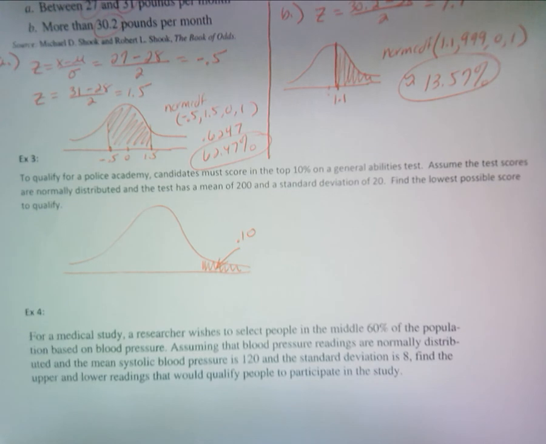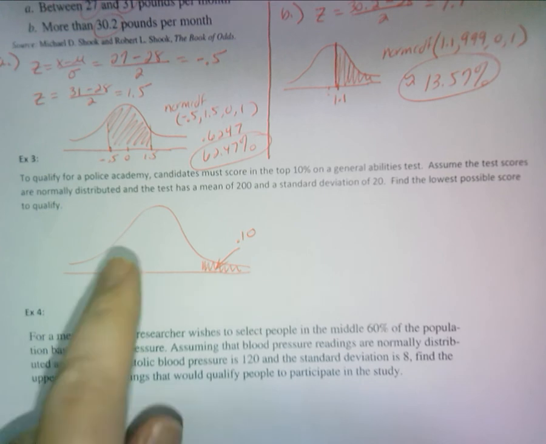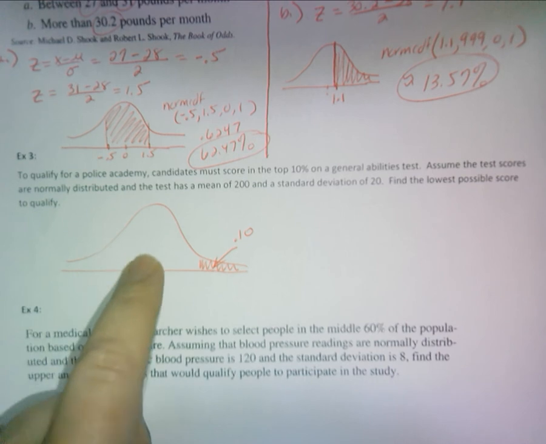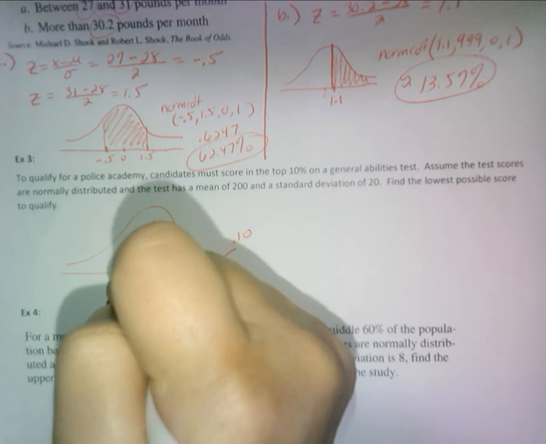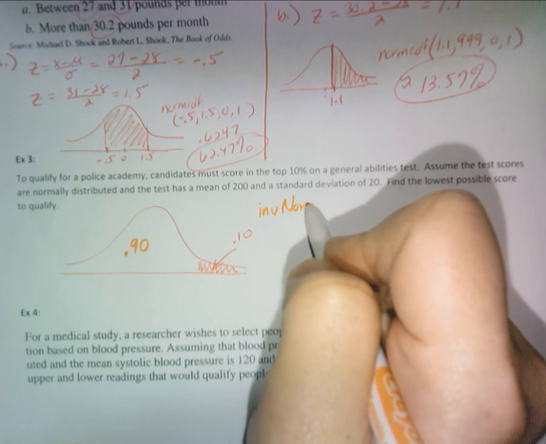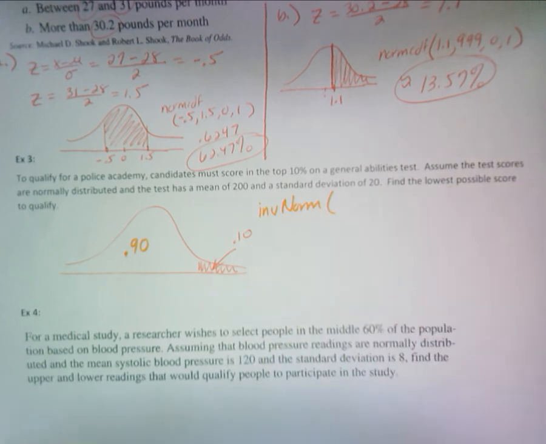Agreed? But I told you, you never work to the right when we're dealing with area. We always have to deal with the left area. What's the left area? What's this area over here? 90. All right. So go to inverse norm, and it's going to ask you, what's the area?